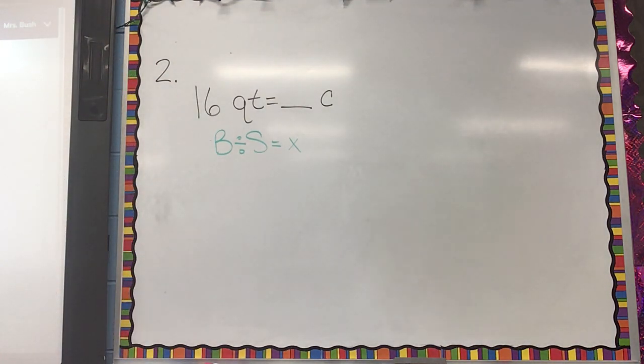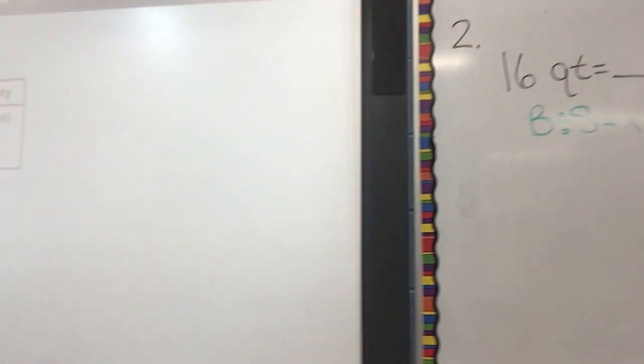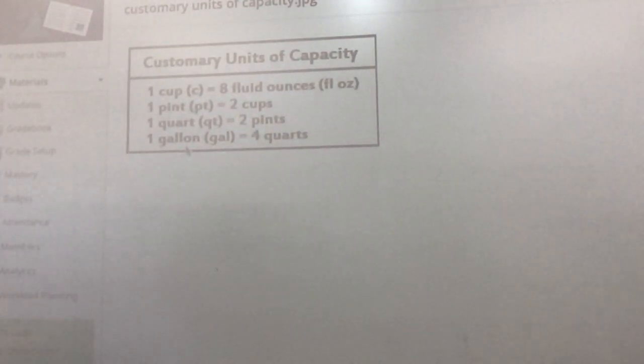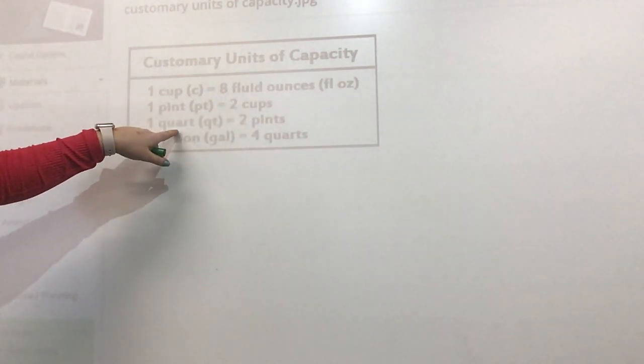All right. How many quarts are in a cup? Let's look at our chart. How many quarts in a cup? Does it tell me how many quarts are in a cup? No. So now what? It tells me how many pints are in a quart.